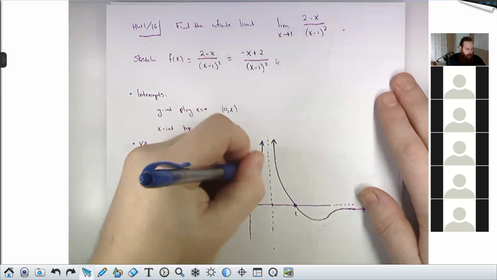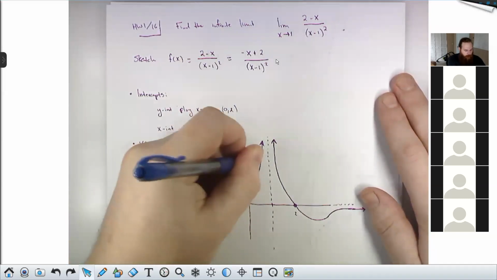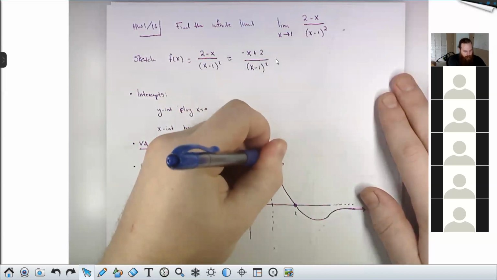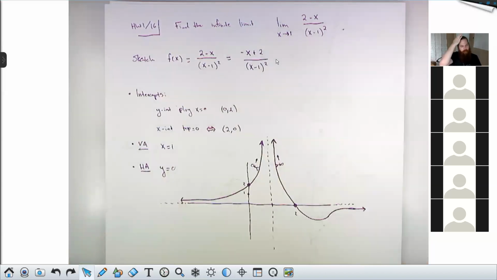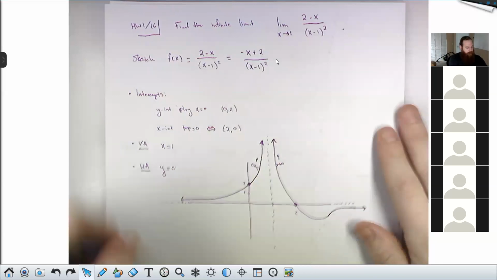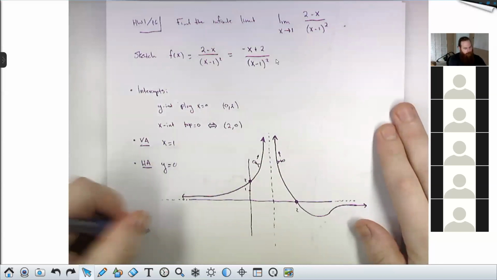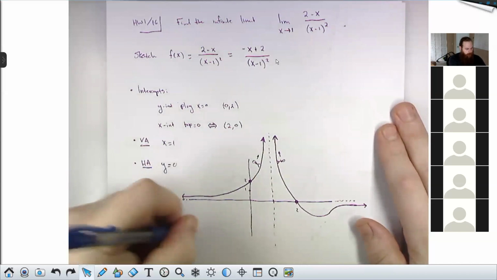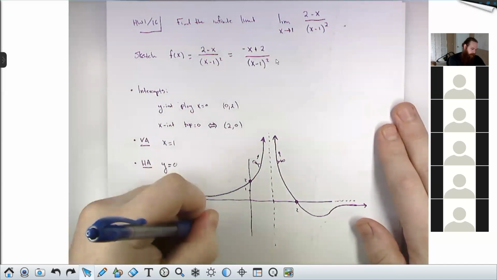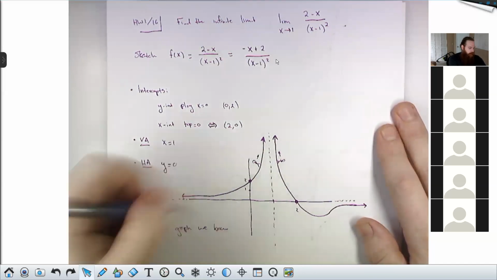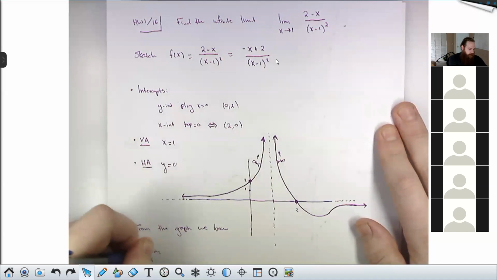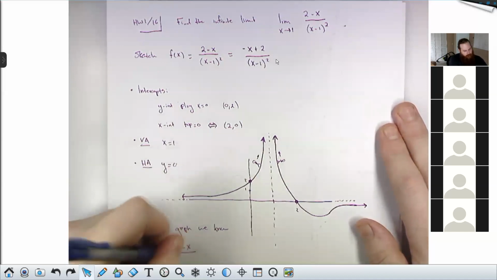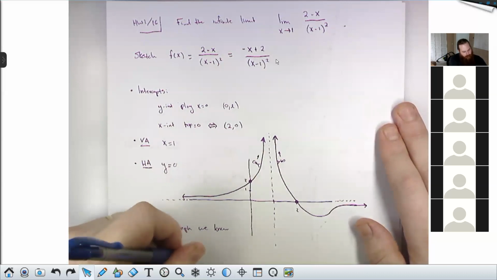As we walk along this graph towards 1 from the left or from the right, in both cases, I'm going to plus infinity. So from the graph, we see, or we know, that the limit as x approaches 1 of (2 minus x) over (x minus 1) quantity squared.